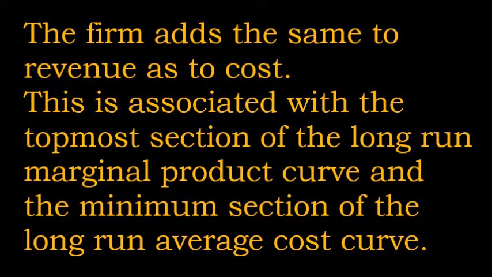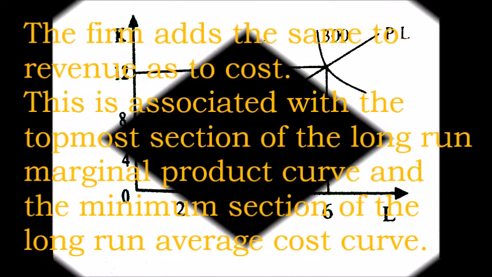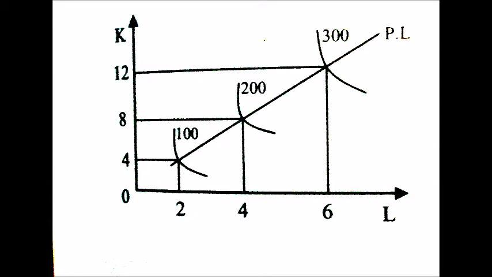This is associated with the topmost section of the long-run marginal product curve and the minimum section of the long-run average cost curve. Now look at the diagram, the graph. As I explain the graph drawn, look at it very well.